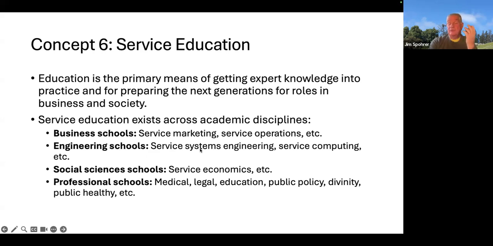Engineering schools have service system engineering and service computing. Social sciences schools have service economics to study that big section of the economy because that's how economists look at it. And professional schools like medical schools, legal, education, public policy, divinity schools for religion, and public health, a few typos there, all prepare service professionals.